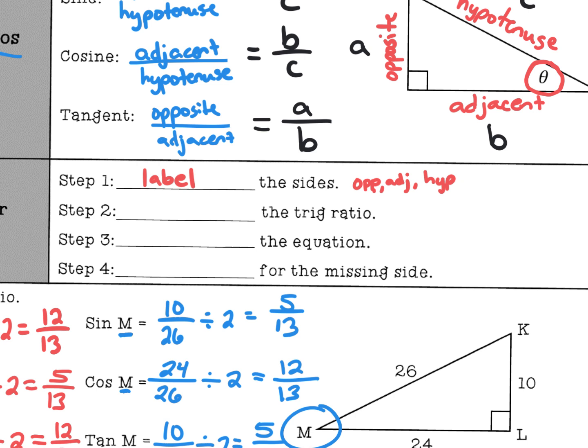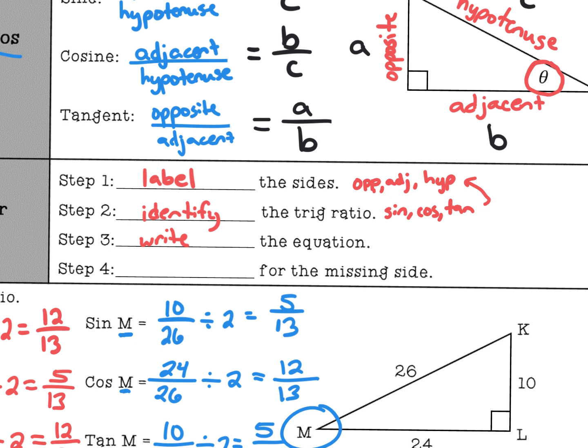Step 2, you are going to identify the trig ratio. What I mean by that is you're going to pick between sine, cosine, and tangent based off of what sides you are given. Step 3, you are going to write the equation.